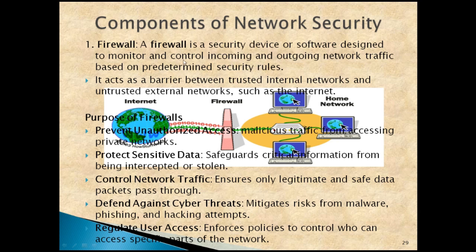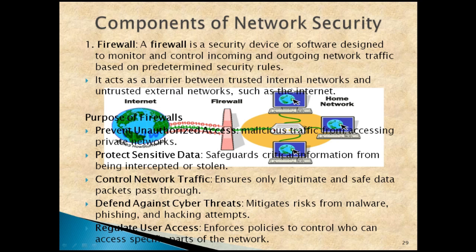A firewall will monitor traffic coming from the internet into your local area network or your system, and if you have a local network within, it also monitors the traffic that goes out, so that unauthorized information doesn't go out. It acts as a barrier between trusted internal networks, like your LAN or your company network, and untrusted external networks, such as the internet.